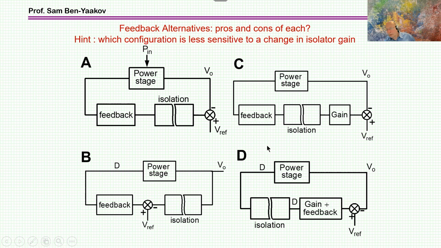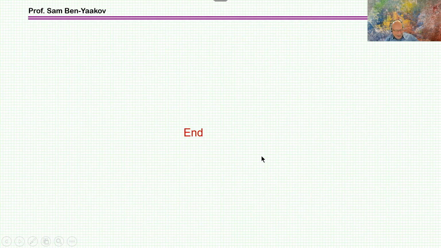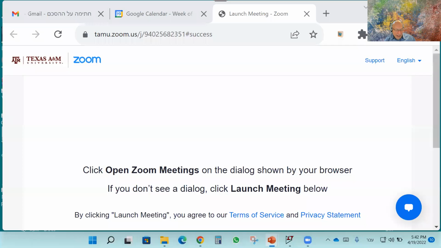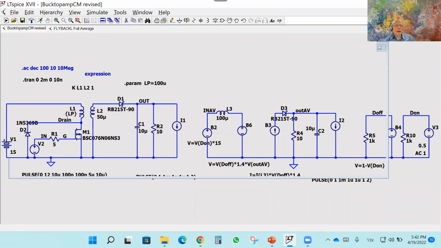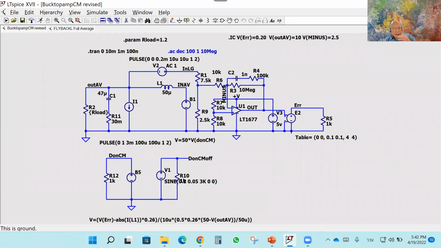And I think with the information that we went through in this, take a few minutes just to play a little bit with this LTspice circuit here. This is the circuit we just saw, okay? And it's already in the transient mode.